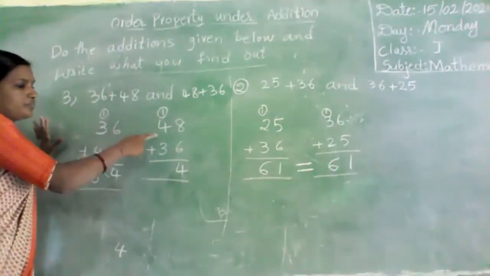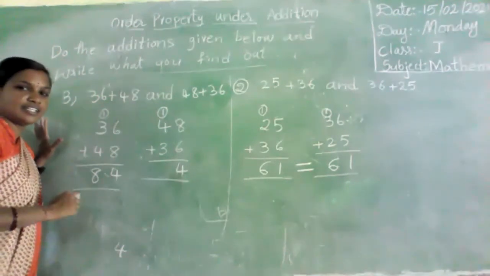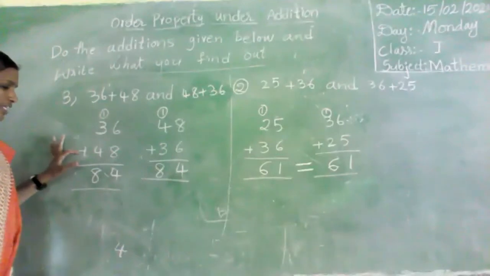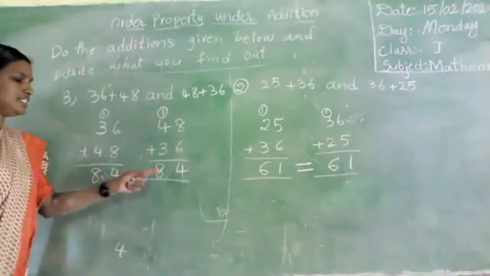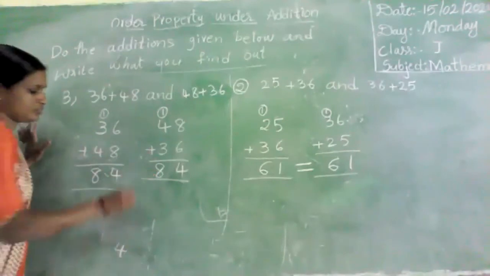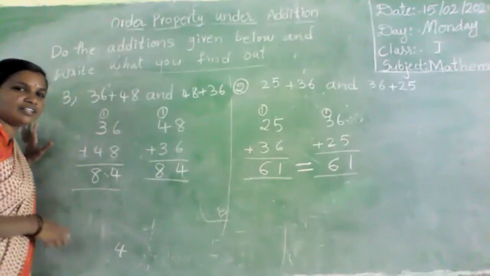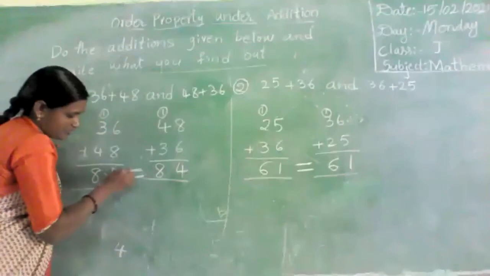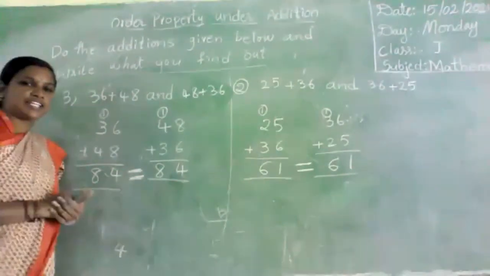Next, 3 plus 4, 7. 7 plus 1, 8. So what do you find? 36 plus 48 is equal to 84. 48 plus 36 is equal to 84. So if we add two numbers in any order, the answer is same. Okay? Write neatly, write in a textbook.